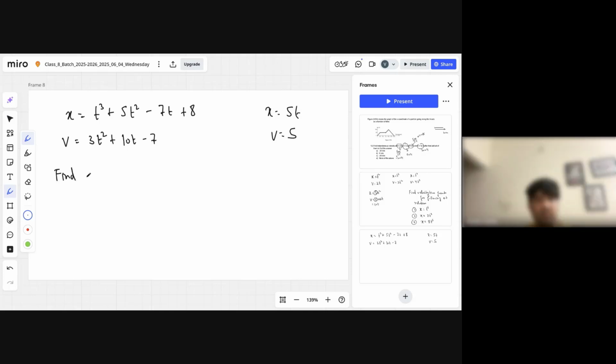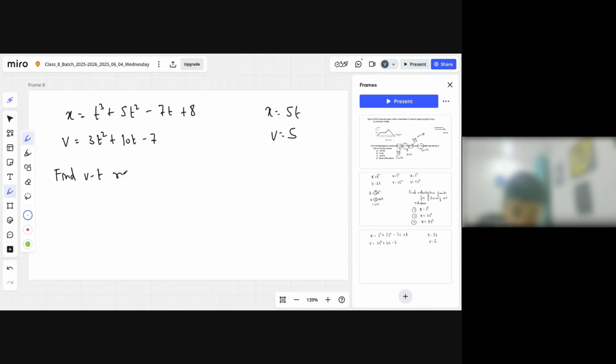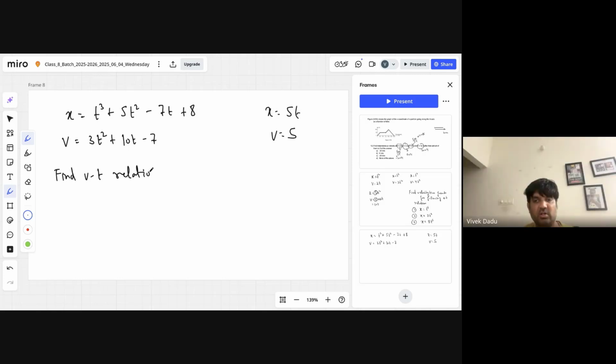Find VT relation corresponding to following xt relations.